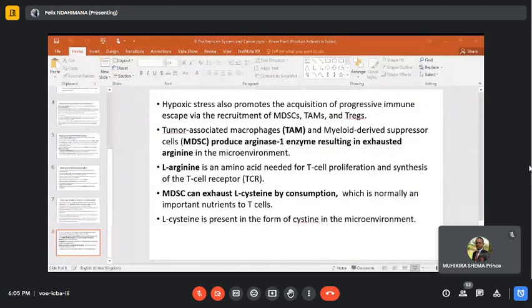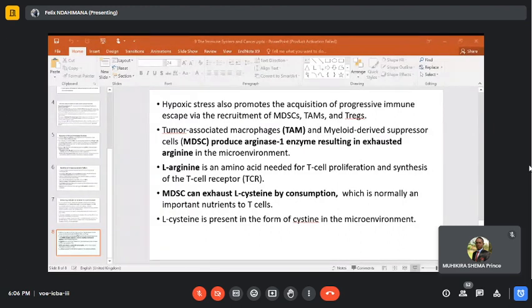And then hypoxic stress also promotes the acquisition of progressive immune escape via recruitment of MDSCs, these are myeloid-derived suppressor cells, and the tumor-associated macrophages and T-regulatory cells. These tumor-associated macrophages and myeloid-derived suppressor cells produce arginase enzyme, resulting in exhaustion of arginine.